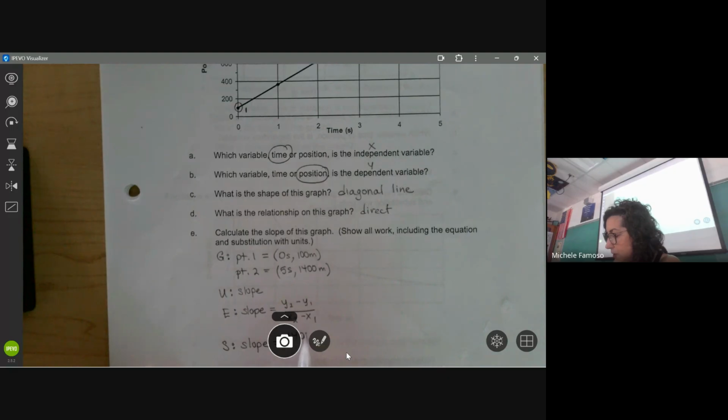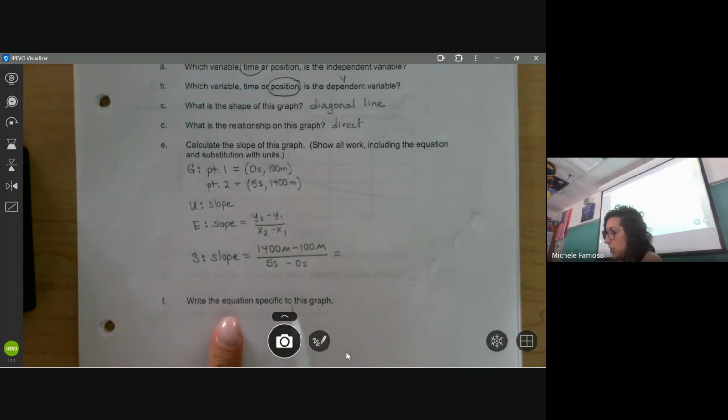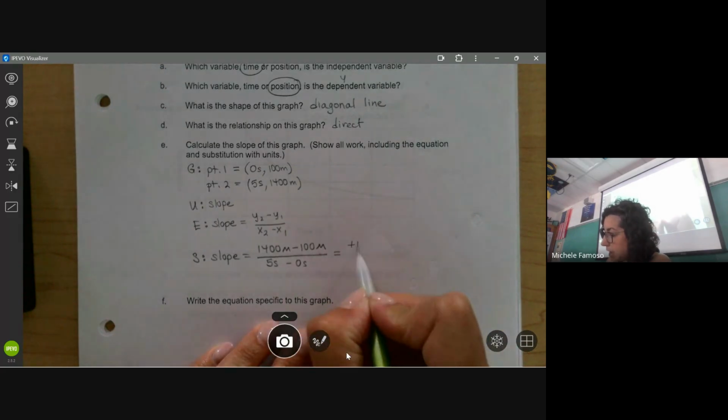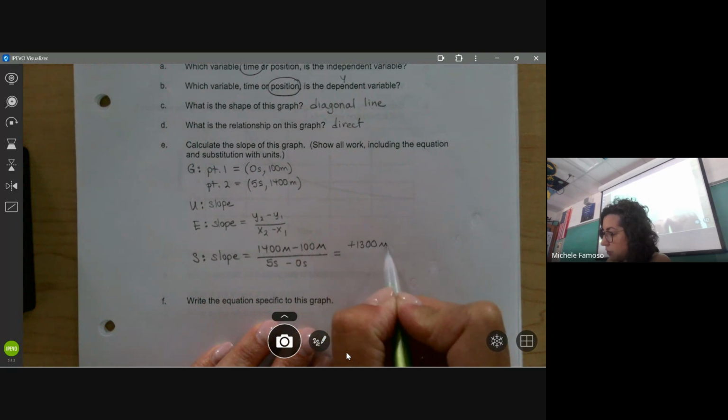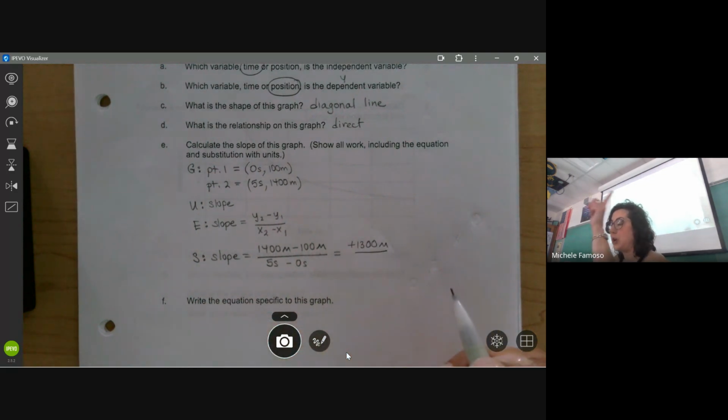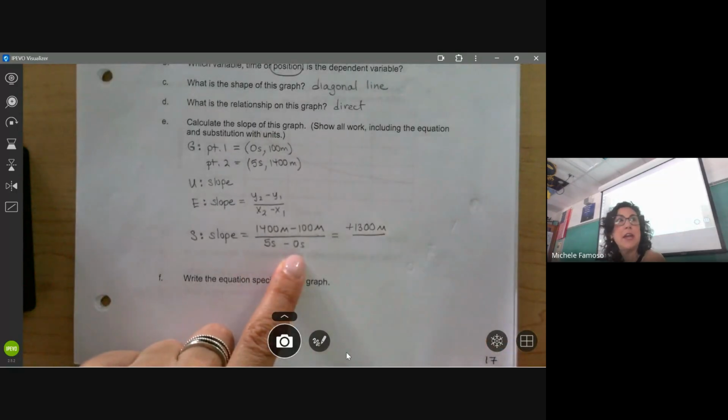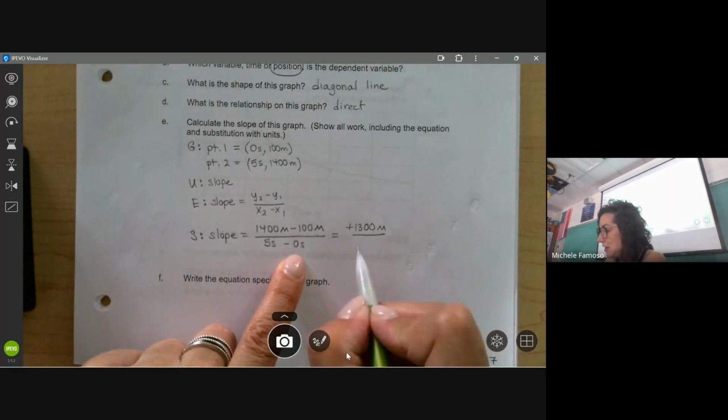That is 1,400 meters minus 100 meters over 5 seconds minus 0 seconds. Hold on. We don't go to the calculator yet. What is 1,400 minus 100? It is positive 1,300 meters. I can guarantee you the building is not burning. Hold on. 5 seconds minus 0 seconds is 5 seconds.